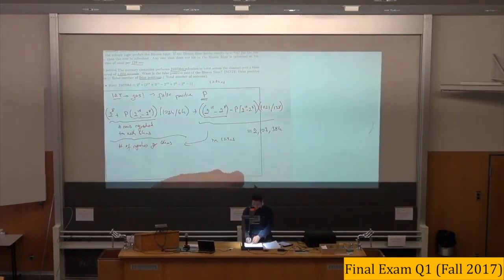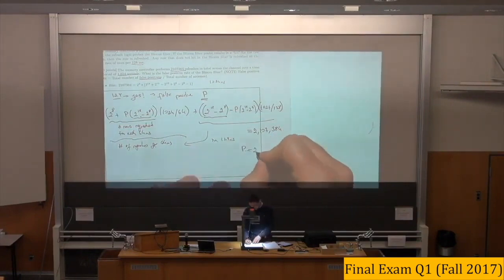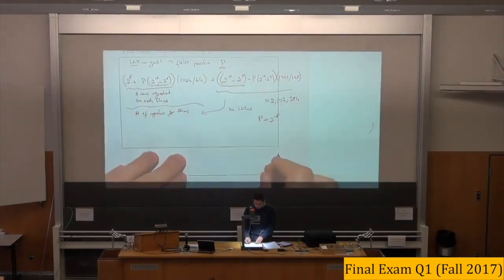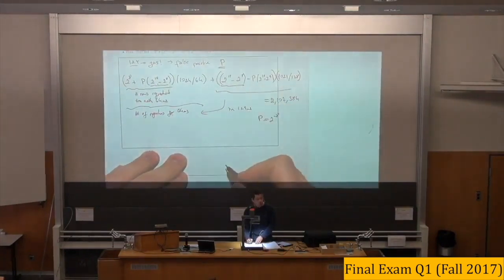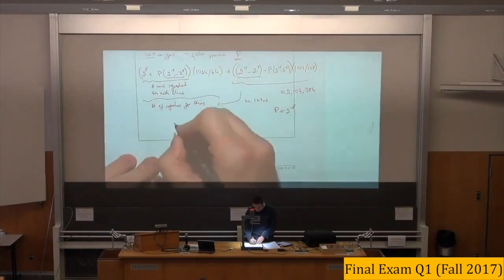We already formalized it. So what you need to do is find what P is. If you do the math, P will be this. This is the fraction of the rows that should have been refreshed within the 128 refresh rate. So what is the number of the rows?